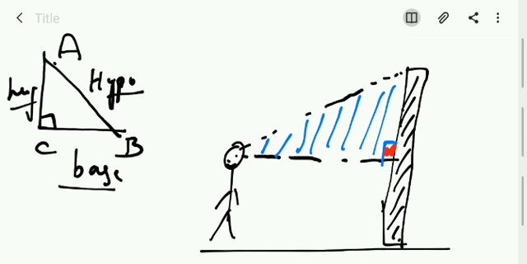Generally you could see examples like a person staring at a cliff, but one classic example is just a person looking at the top of an electric pole. Are you clear with these basics, like how the 90-degree triangle is formed? We shall discuss the angles and the trigonometric functions later.